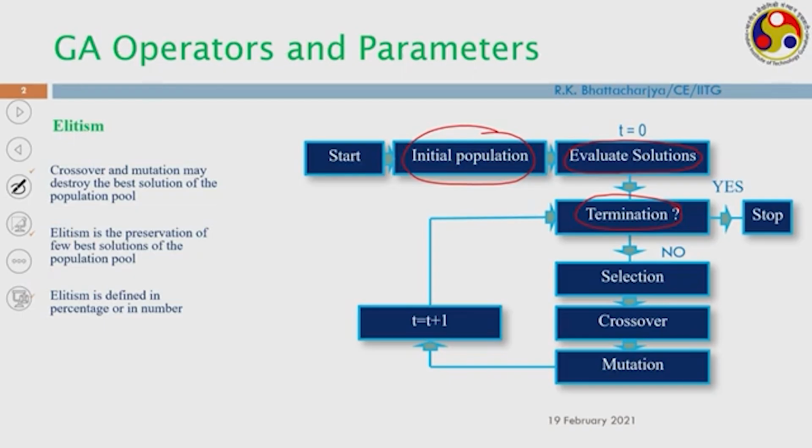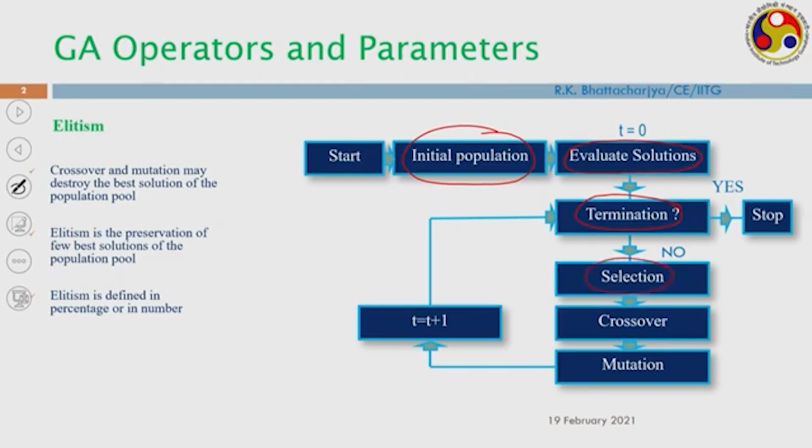Like in the classical method, where we generally evaluate the gradient, if the gradient is near 0 then we stop the iteration, but here we are not using any gradient information. If the fitness value of the best solution is not changing with time, you can conclude that you have already reached the optimal solution, or you are not getting any improved solution, and therefore you can stop the iteration.